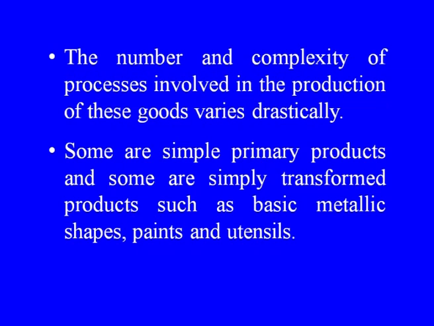The number and complexity of processes involved in the production of these goods varies drastically. Some are simple primary products and some are simply transformed products such as basic metallic safes, paints and utensils.